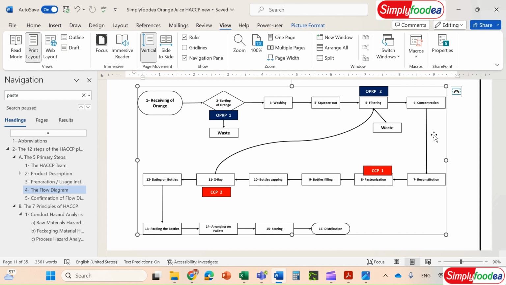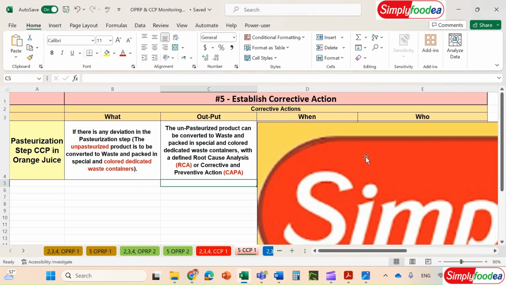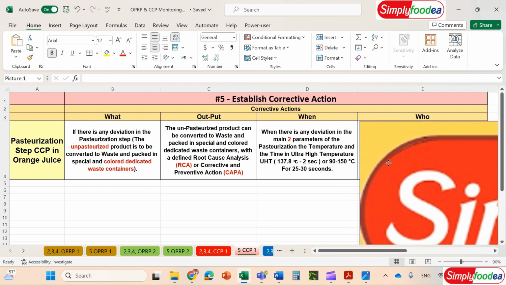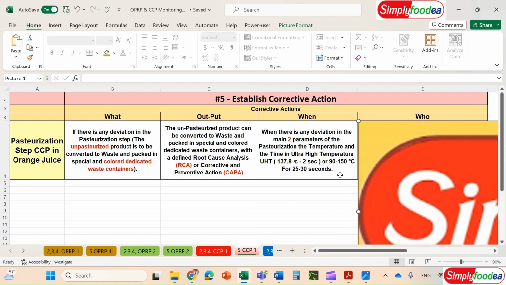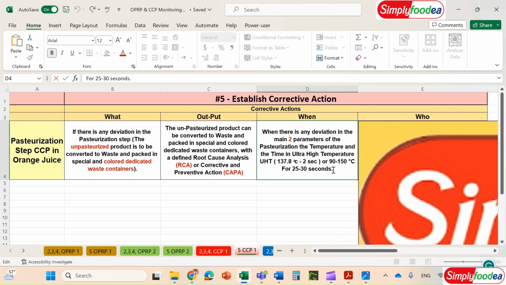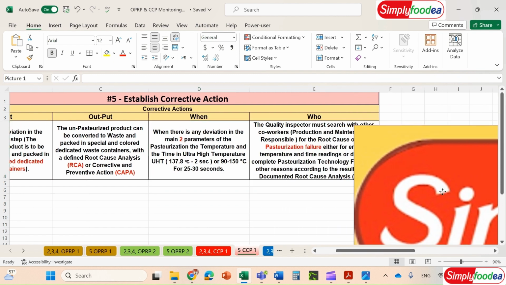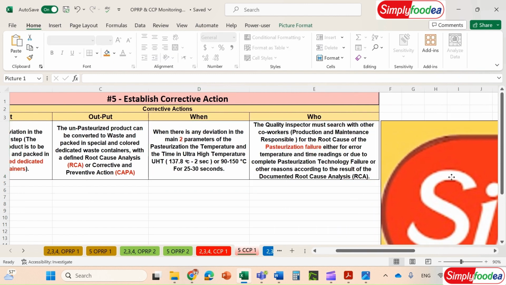So I need to repasteurize the product or convert it to waste in colored and dedicated waste containers. When I'm having this corrective action, when there is any deviation in the two main parameters of the pasteurization, either the temperature or the time in the ultra heat temperature, or there is any issue in the pasteurization machine itself and the equipment, who will take the action?